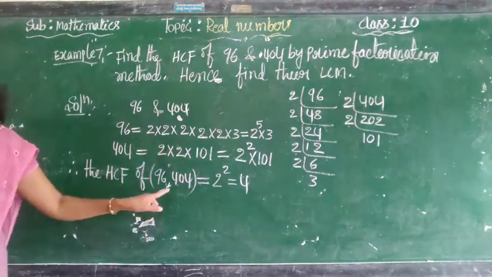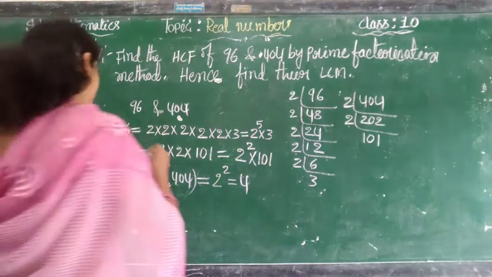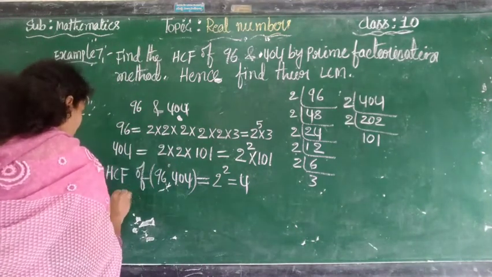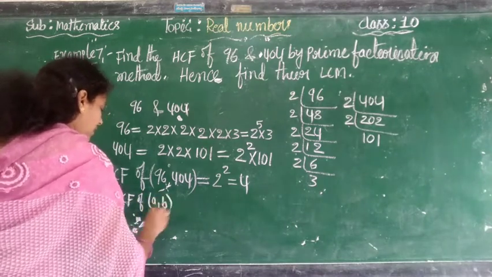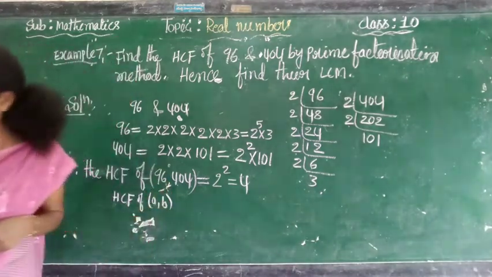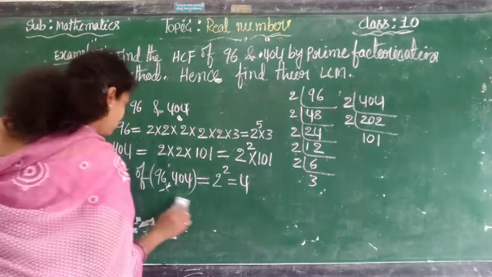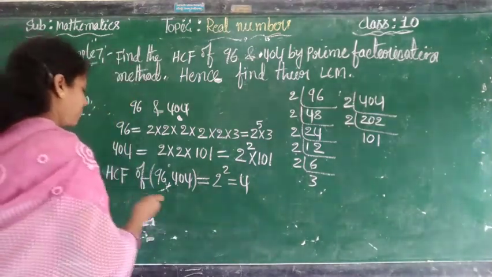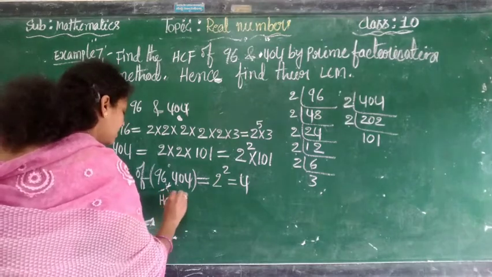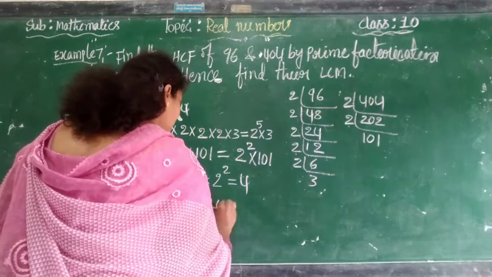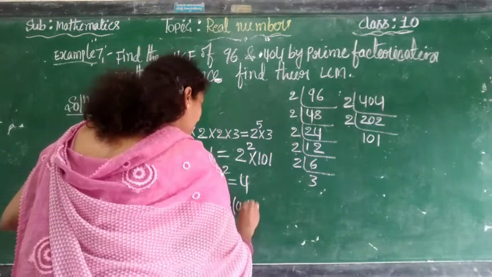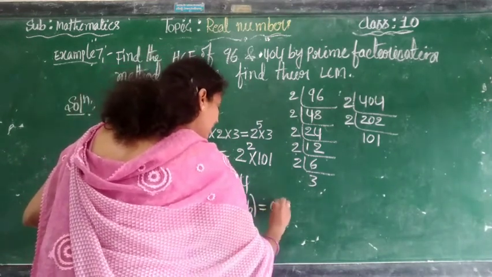Dear students, for any positive integers a and b, HCF of a comma b into LCM of a comma b is equal to a into b.